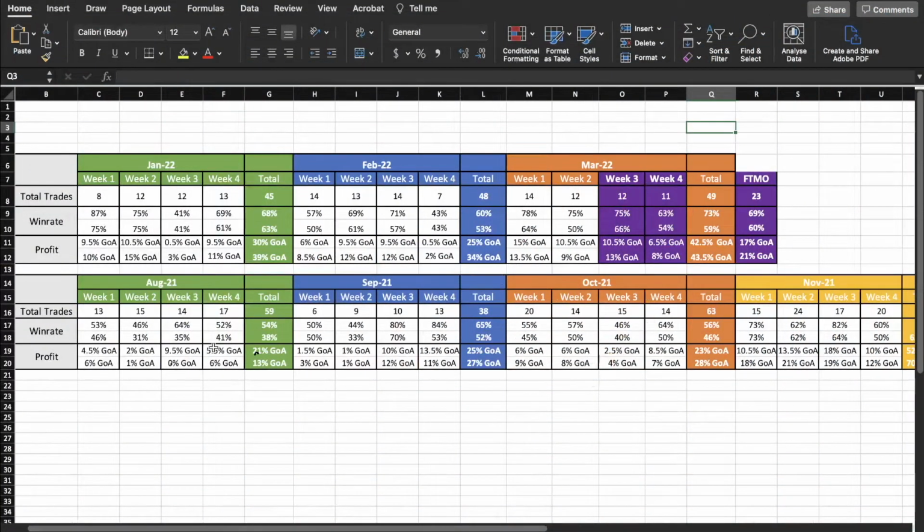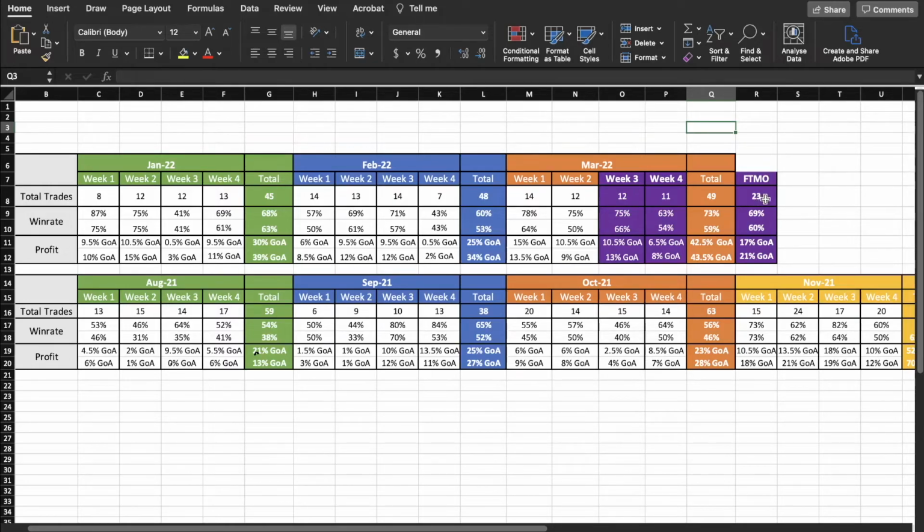Alright guys, here we are in my live trading results Excel sheet using the Scalper Pro stochastic RSI strategy during the London kill zone basically. So I started using it early on, August 21, September, October, November, and then December I didn't trade, and then January, February, March. And in March, during week 3 and week 4, I did an FTMO challenge, and I passed this FTMO challenge without any problems.